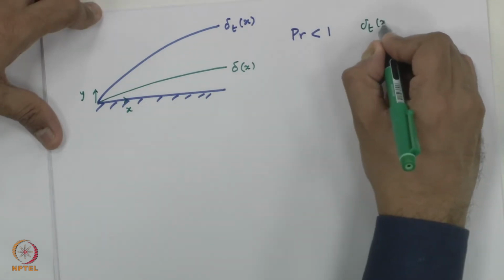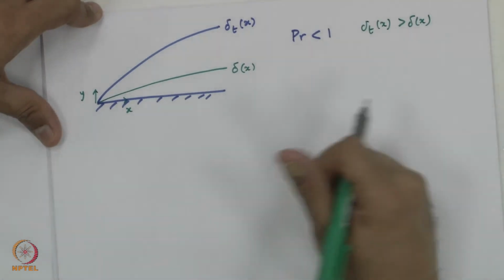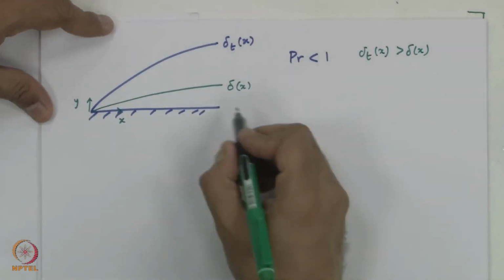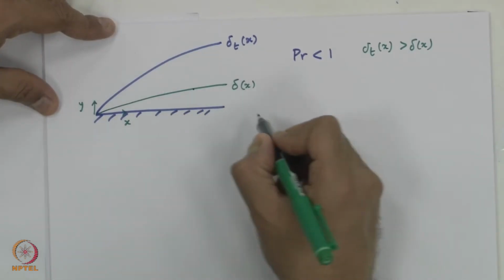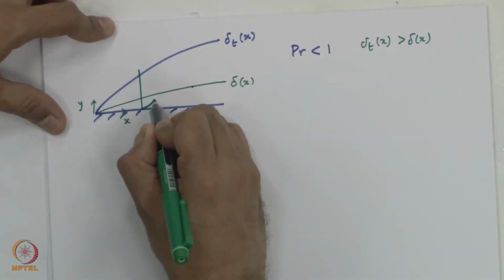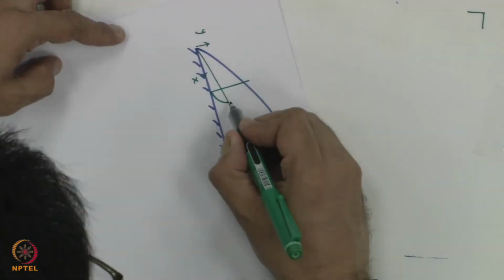Delta T local is greater than delta. This is the first thing, and after that we are going to see several things. Boundary layer, hydrodynamic boundary layer ends here, which means my velocity distribution is only between 0 and delta.